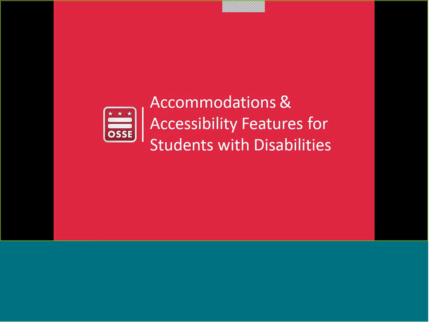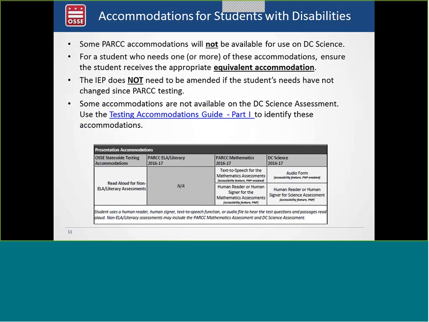Accommodations and accessibility features for students with disabilities. Some PARCC accommodations will not be available for use on DC Science. For a student who needs one or more of these accommodations, please ensure that the student receives the appropriate equivalent accommodation.